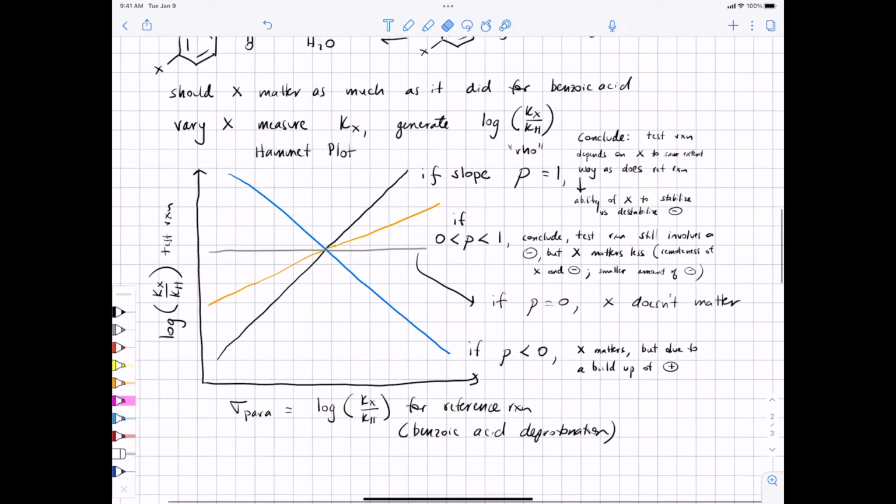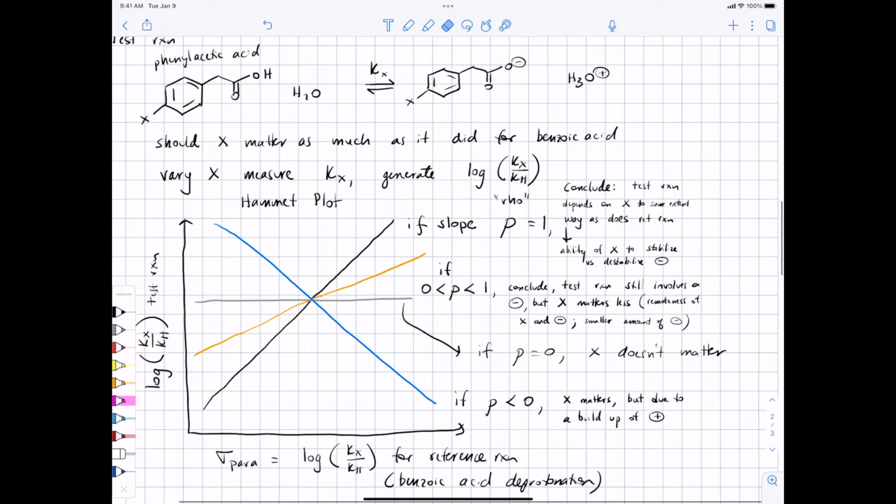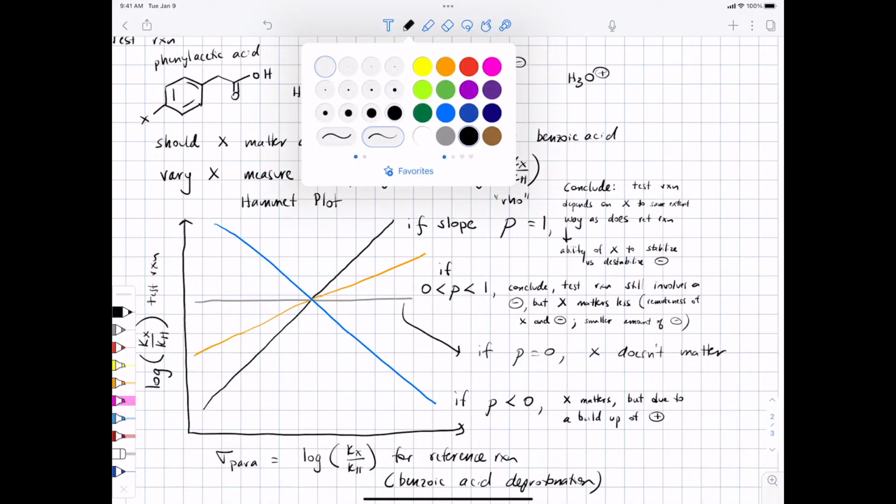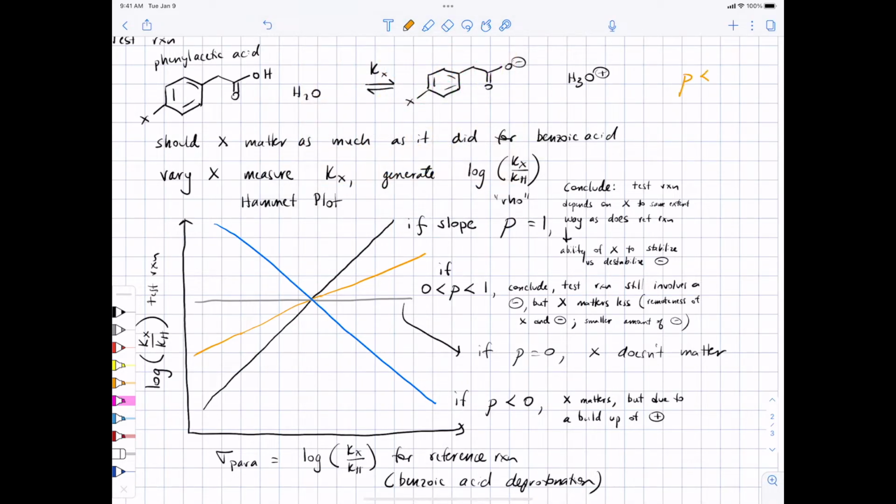Okay, so for phenylacetic acid, we would predict that we're in this situation where rho is less than 1 but is still greater than 0. In other words, this reaction involves a negative charge, but it matters less than in benzoic acid.